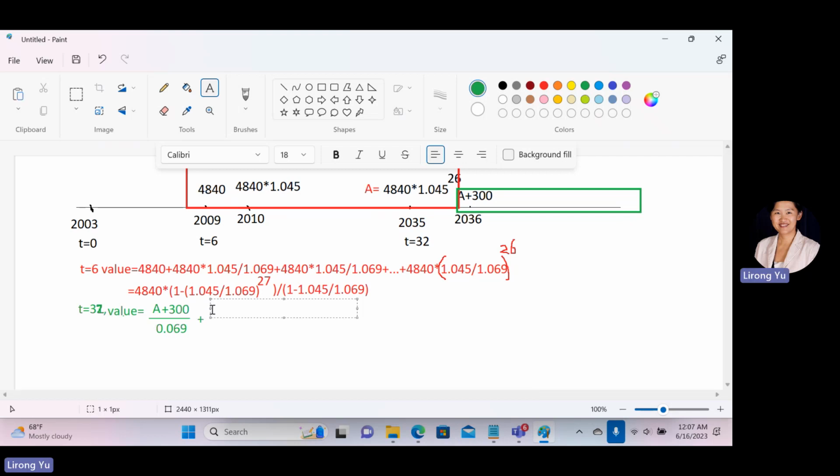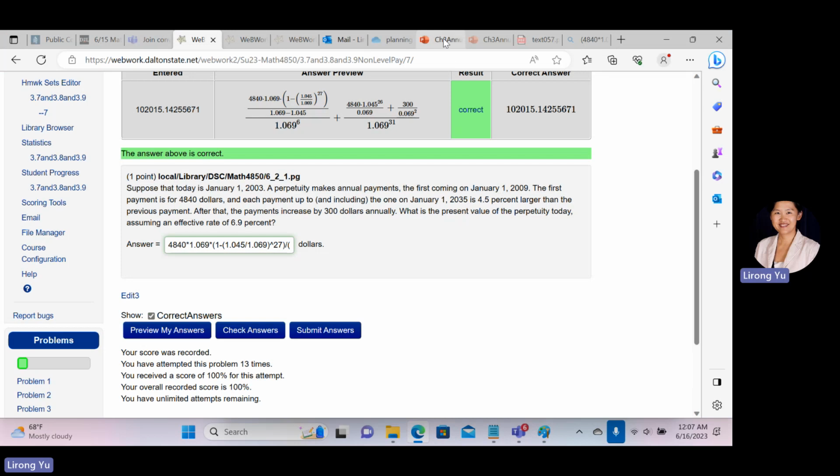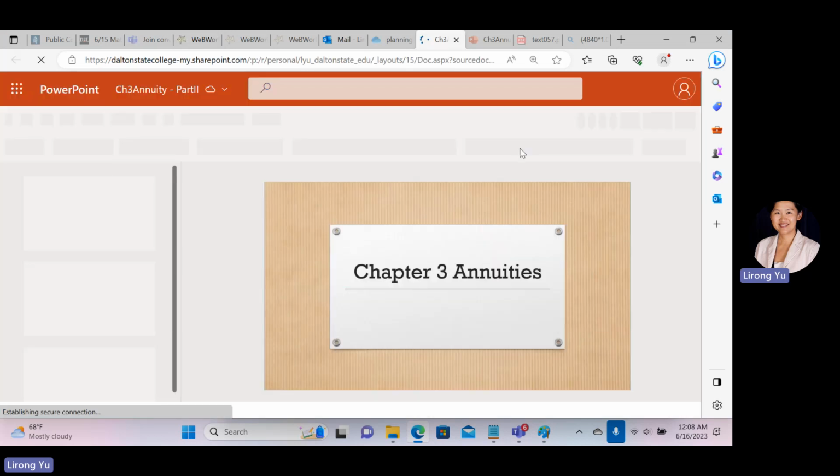After that is the increment of 300. So 300 is divided by i squared, that is 0.069 to the power of 2. Okay, that's following the formula that we learned in the second part.